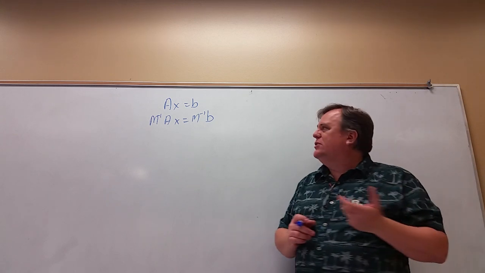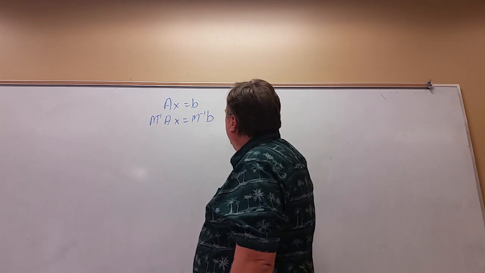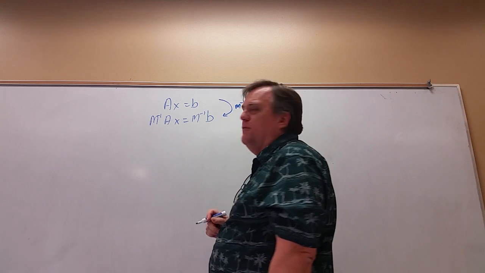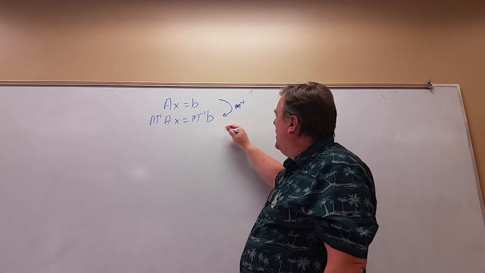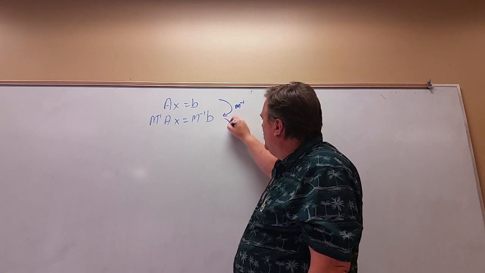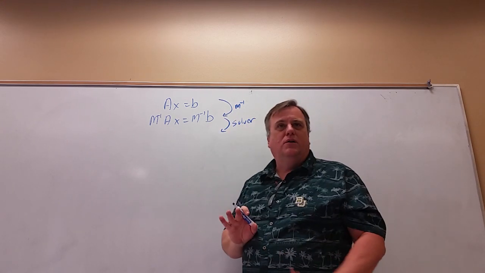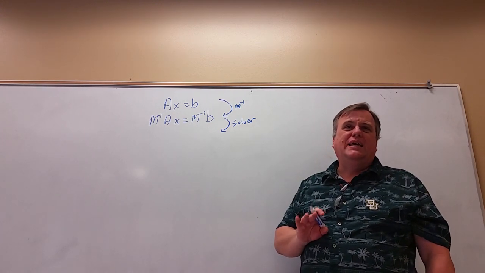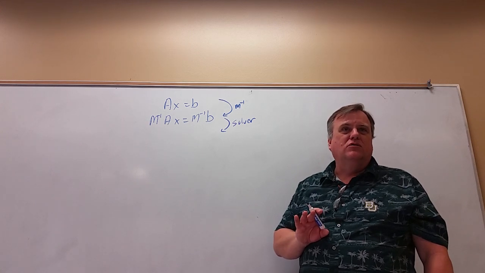So the challenge is going to be twofold. When we move to this, I have to do two things. I have to apply the M inverse, and then after I apply the M inverse, I'm going to have to do whatever my solver is. So I might have to do two steps, and I want each of those two steps to become really, really fast.